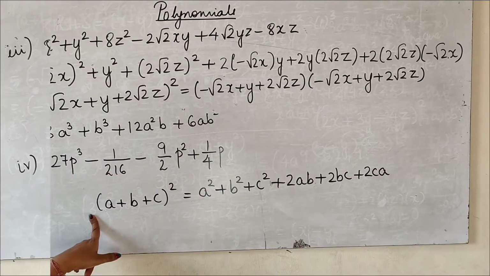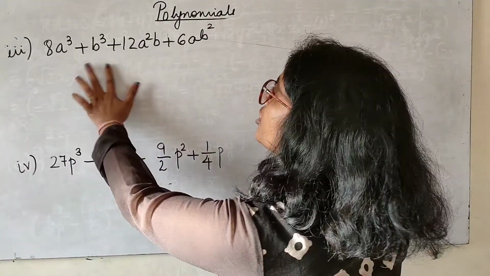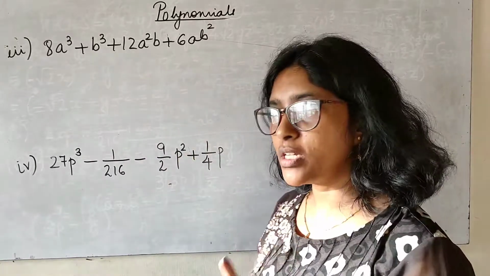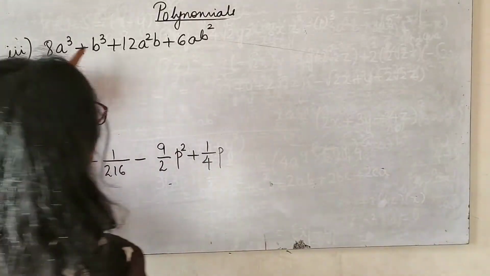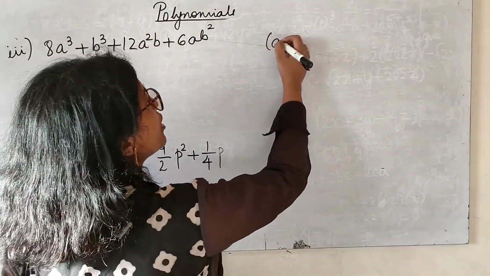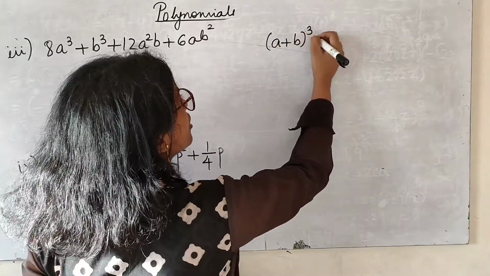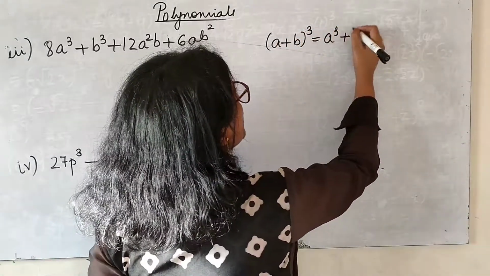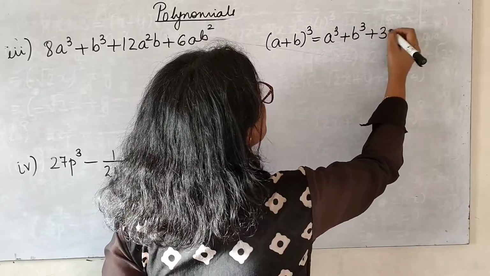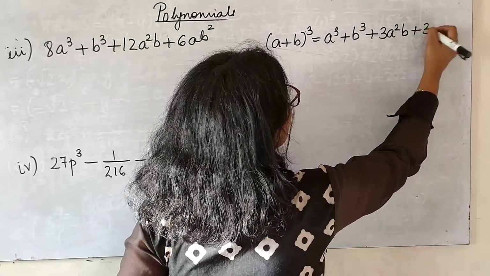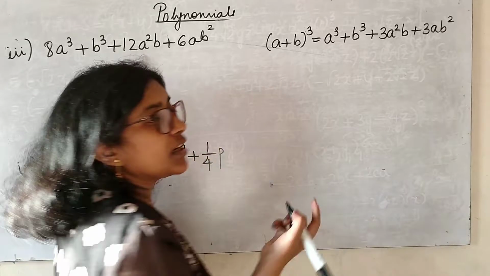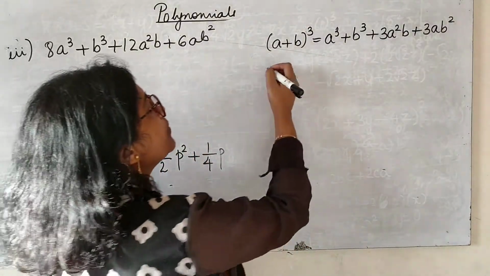Okay, now we have a question which has 4 terms. So when it comes to 4 terms, and you can see cube here, we should think of a plus b the whole cube, which is a cube plus b cube plus 3a square b plus 3ab square, if it has all the plus signs.